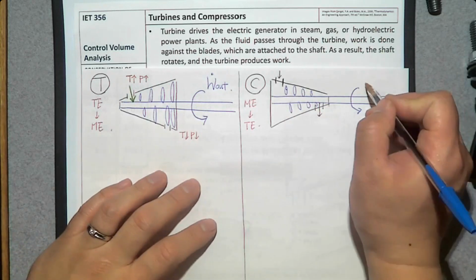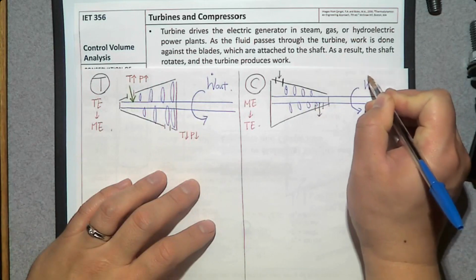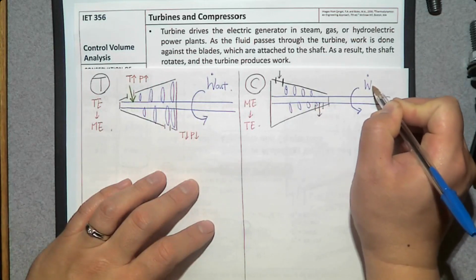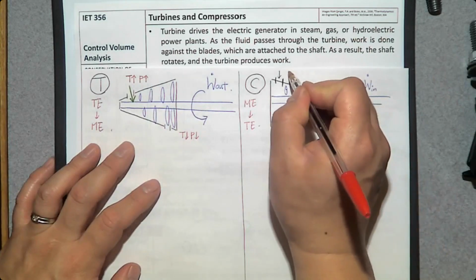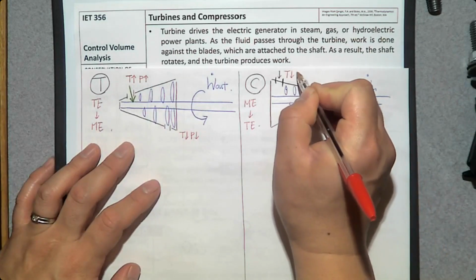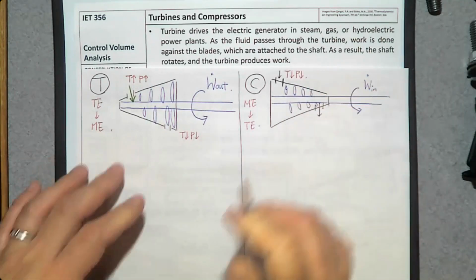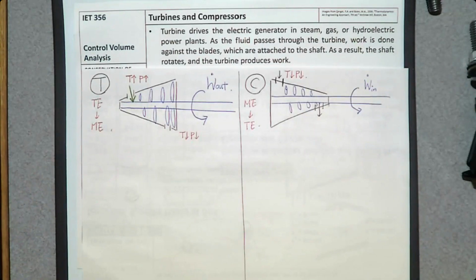So if we provide shaft power, W dot, not out, in. If we rotate this shaft, what happens? A low temperature, low pressure gas enters this compressor, and this shaft is rotating, pushing the working gas to the right-hand side.